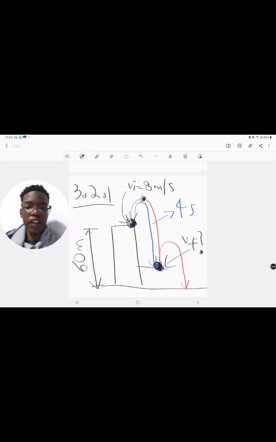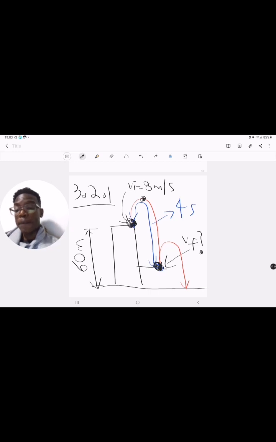But in this question, they asked us for the final velocity at the point where the ball bounces off the balcony, and so this is why that is my final velocity.